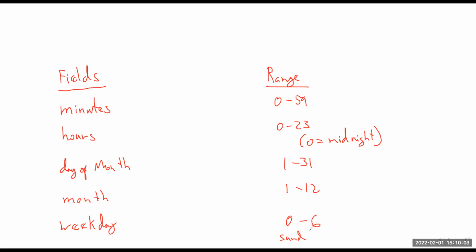Now an entry in any of these fields can be a single number, a pair of numbers separated by a dash, which indicates a range, a comma separated list of numbers, and/or an asterisk. As you might imagine, an asterisk is a wild card that represents all valid values for that field.